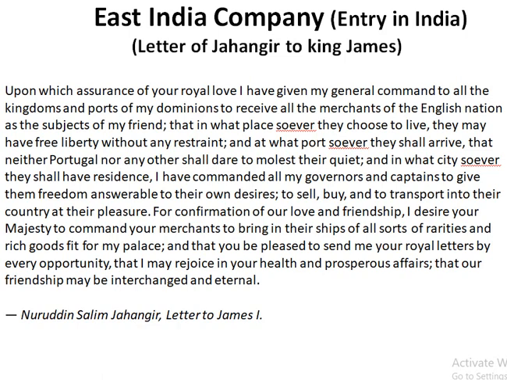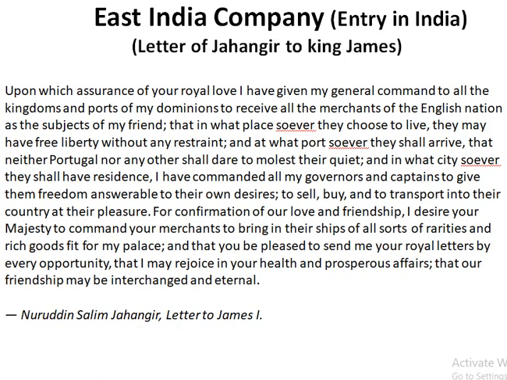It states that upon assurance of your royal love, I have given my general command to all the kingdoms and ports of my dominions to receive all the merchants of the English nation as the subjects of my friend, that in what place soever they choose to live, they may have free liberty without any restraint, and at what port soever they shall arrive, that neither Portugal nor any other shall dare to molest their quiet.